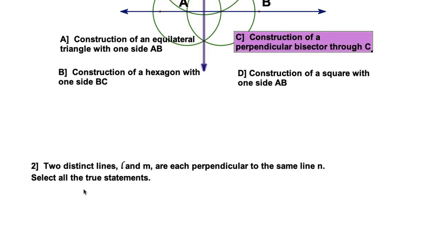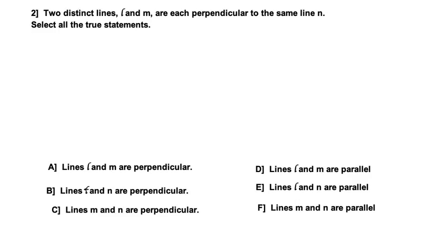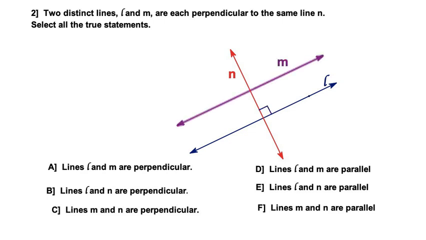That was easy. Let's try number 2. Okay, let's read this one at a time. L and M are perpendicular to the same line. So I'm going to draw a line L, and there's the line N. L is perpendicular to N. Now I'm going to draw M, which is also perpendicular to N. It didn't say, but it should have said that they must be coplanar, because M and L could be skew.